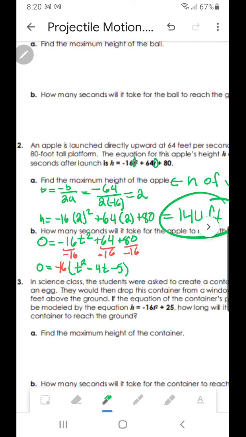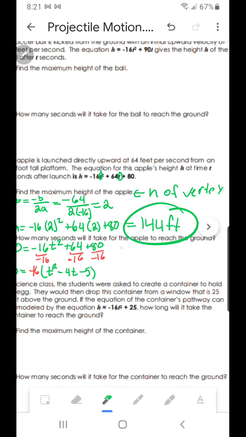So I have this trinomial. I'm pretty sure that I can factor this t squared minus 4t minus 5. So I'll have 0 equals negative 16. This is going to factor into 2 binomials. They'll both start with t since my leading coefficient is 1.